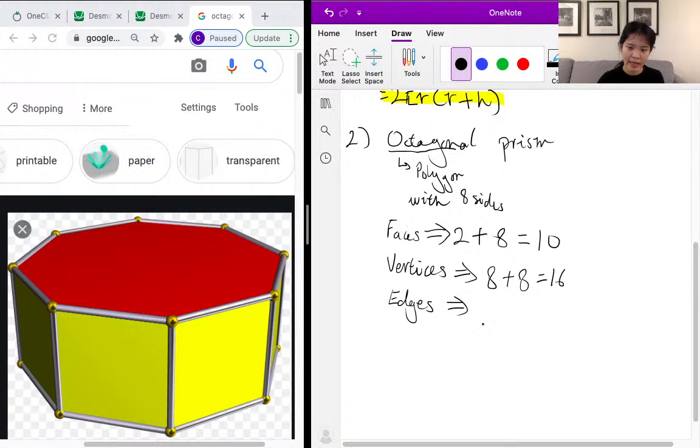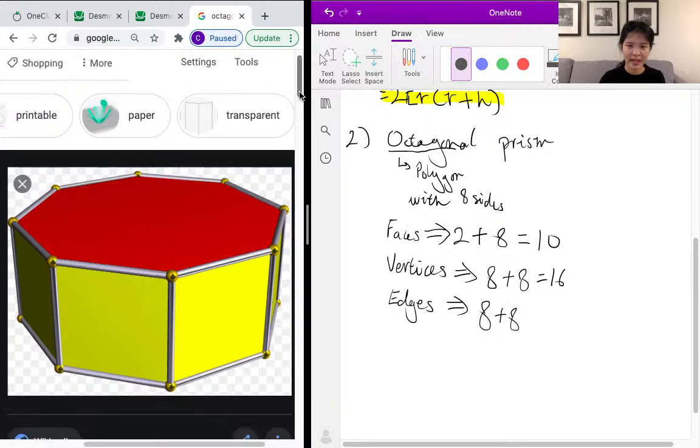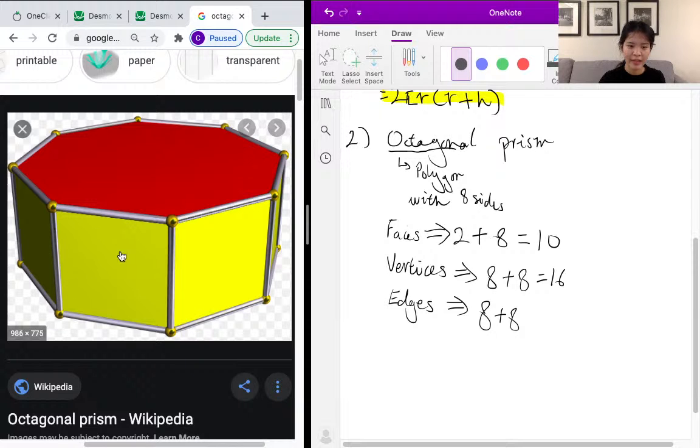So we have 8 edges on top, and also 8 edges on the bottom, because the bottom is also a polygon, specifically an octagon. Then we need to count the edges on its side. We already know that an octagon has 8 vertices, and each vertex of our polygon on the top and the polygon on the bottom corresponds to one edge over here.